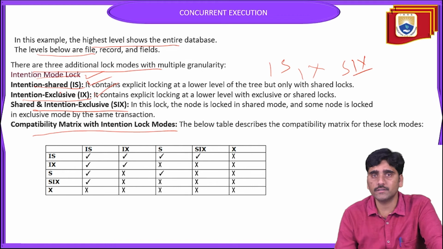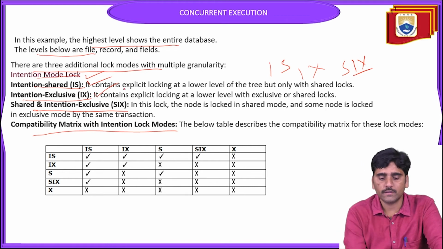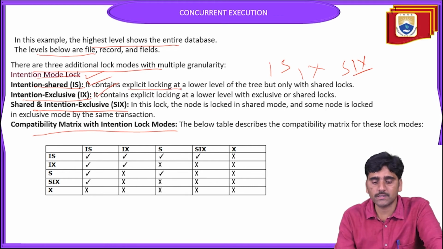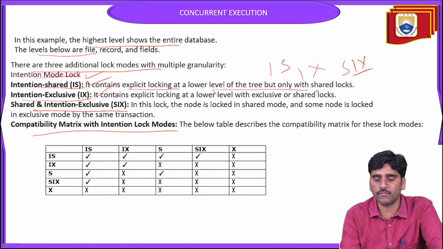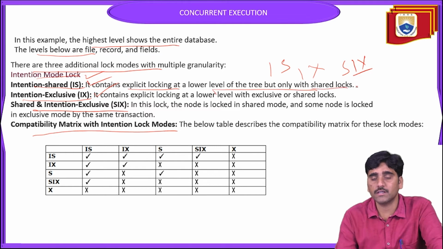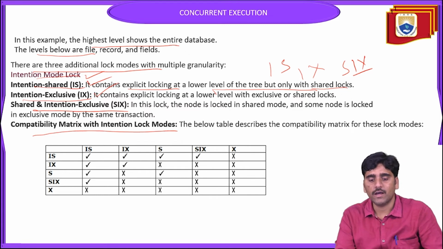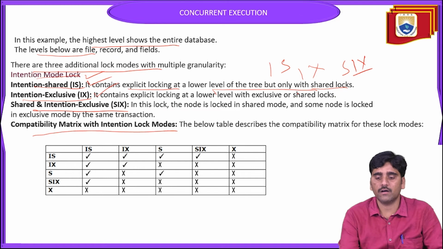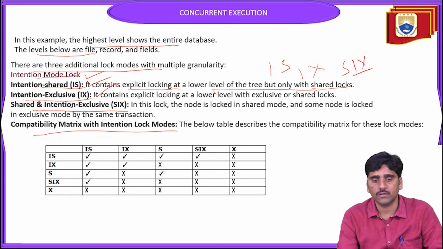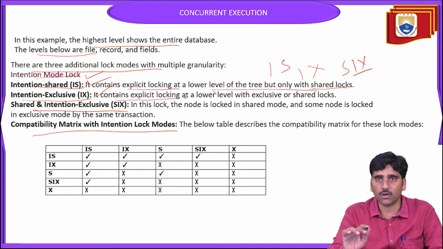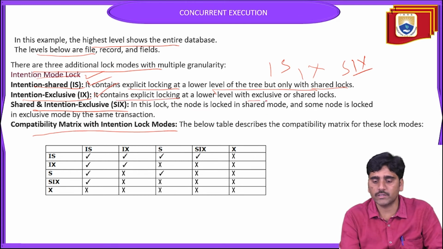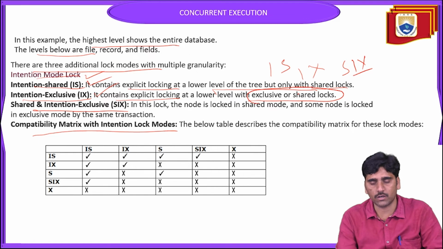Intention shared lock contains explicit locking at a lower level of the tree, but only with shared locks. Intention exclusive contains explicit locking at a lower level with exclusive or shared locks.